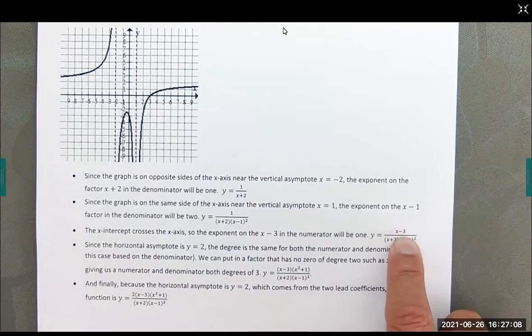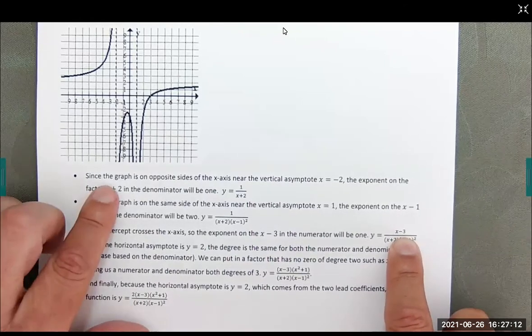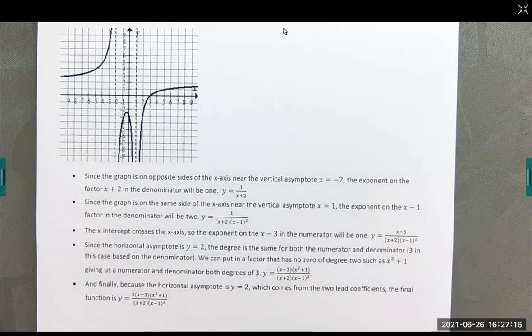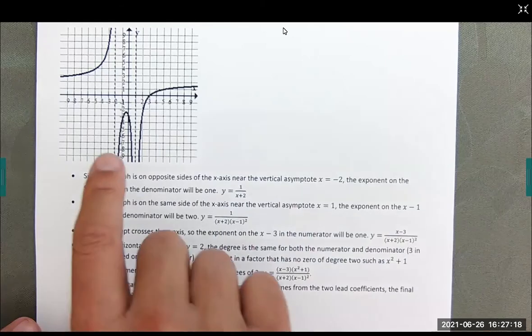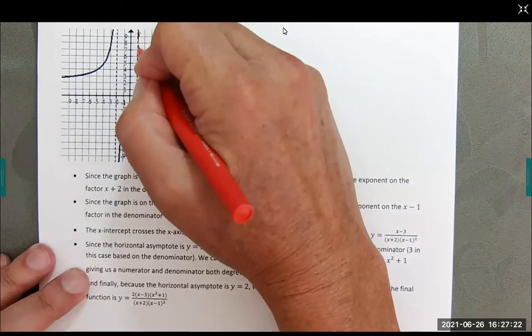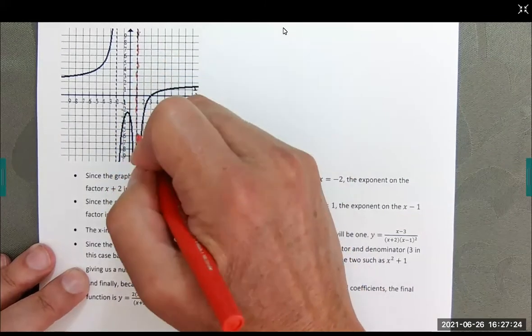Now, because we have a horizontal asymptote, let me draw that in. In fact, here's the vertical.